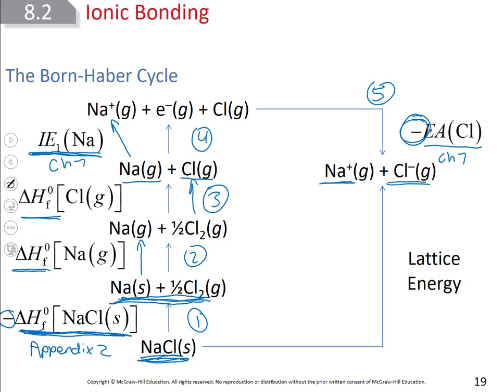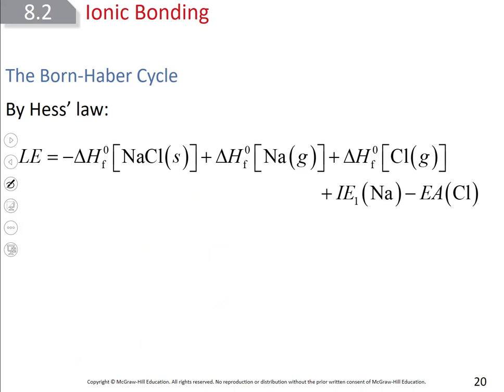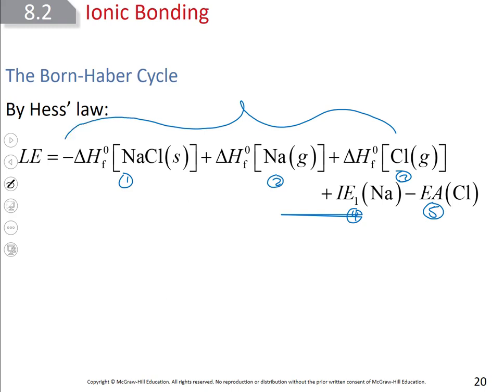Add all these 5 steps up, and you will get the overall lattice energy. LE, lattice energy, is equal to the sum of these 5 steps. So there's step 1, step 2, step 3, and then step 4 and 5. Again, the first 3 steps, you can get those values from Appendix 2.